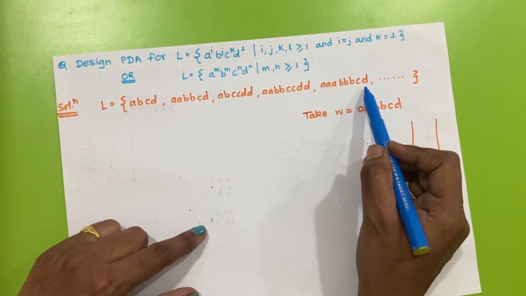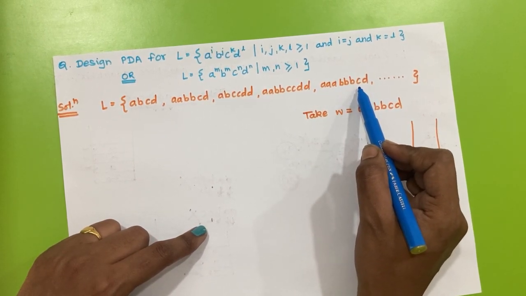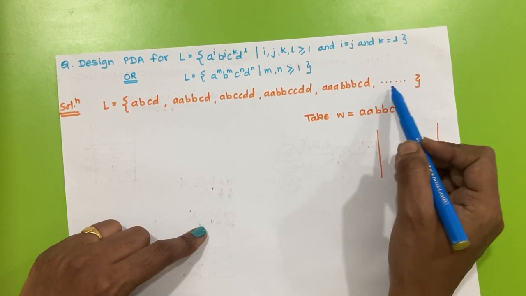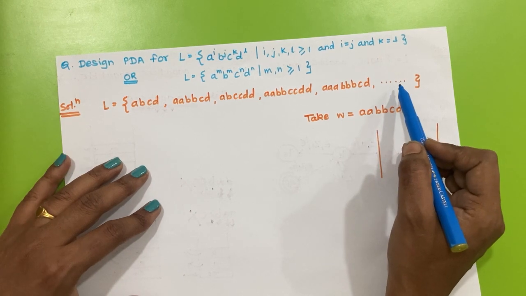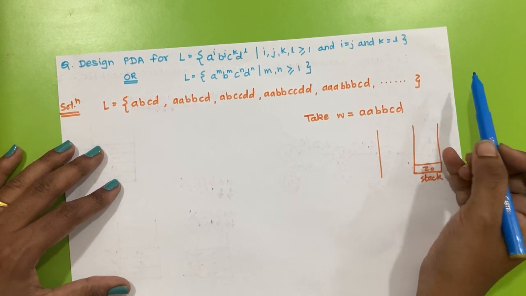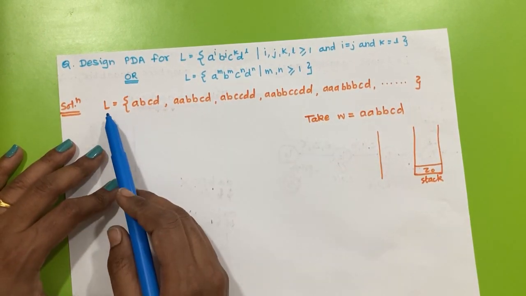Opposite can also be possible, means string AB, 3 times C, 3 times D can also be possible. So this process will go on repeating up to value of index infinity. So this set will be infinite, means it contains infinite number of strings in this language.